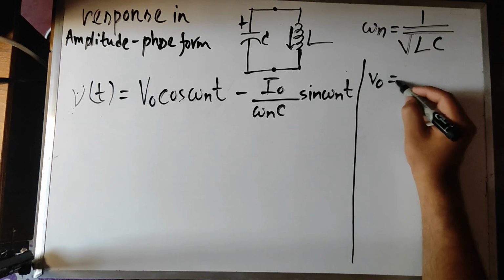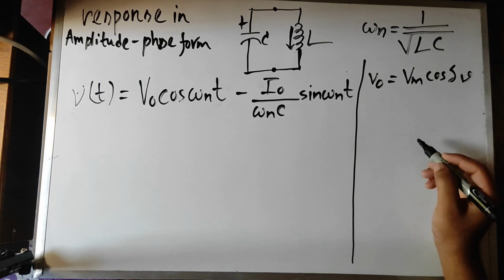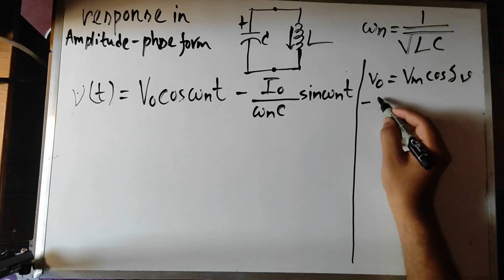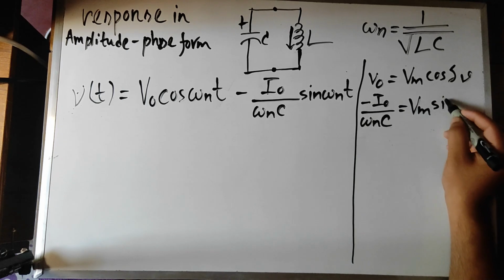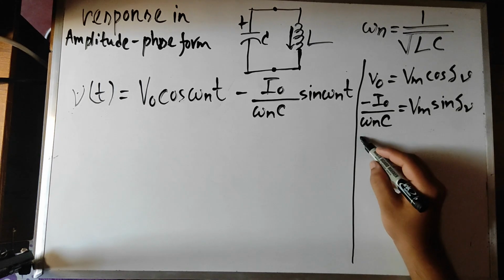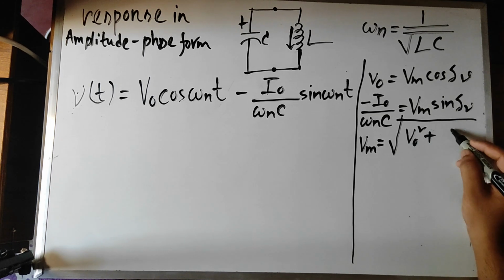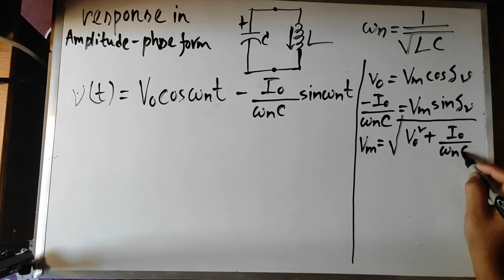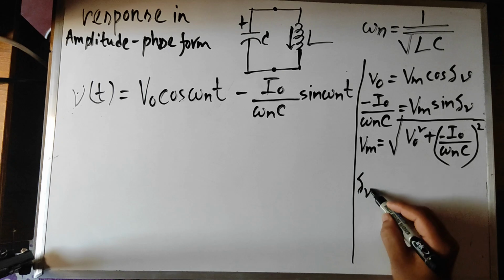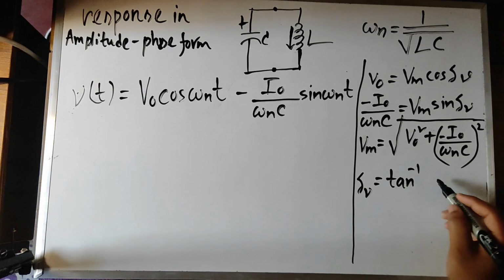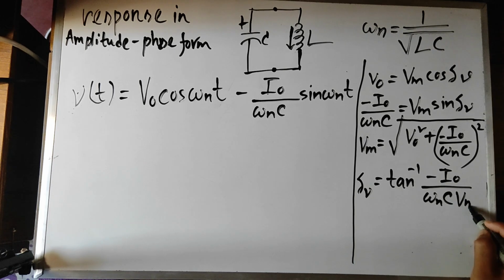Say V0 is Vm cos delta V, and minus I0 by omega n C is Vm sin delta V. So Vm will be root over V0 squared plus I0 by omega n C squared, you can put minus here, squared, and delta V is tan inverse of minus I0 by omega n C V0.